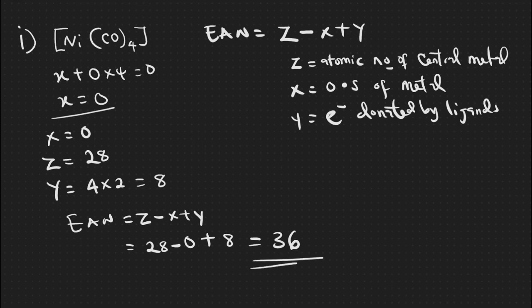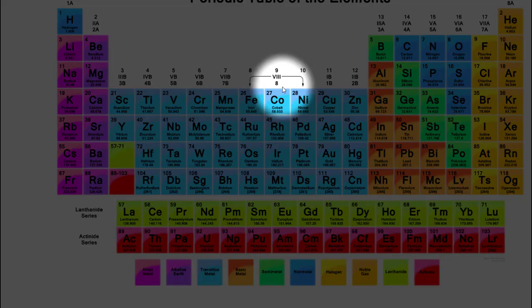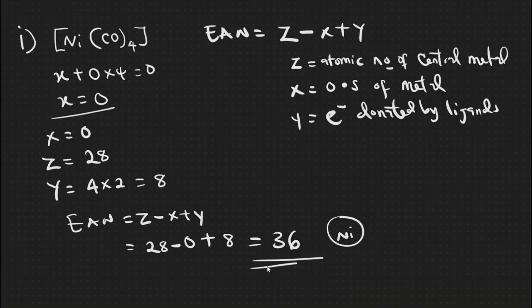So let's check the periodic table whether this is the atomic number of a noble gas in the same period with nickel. All right, this is the periodic table, and this is nickel. Remember that we found that the effective atomic number of this complex is 36.